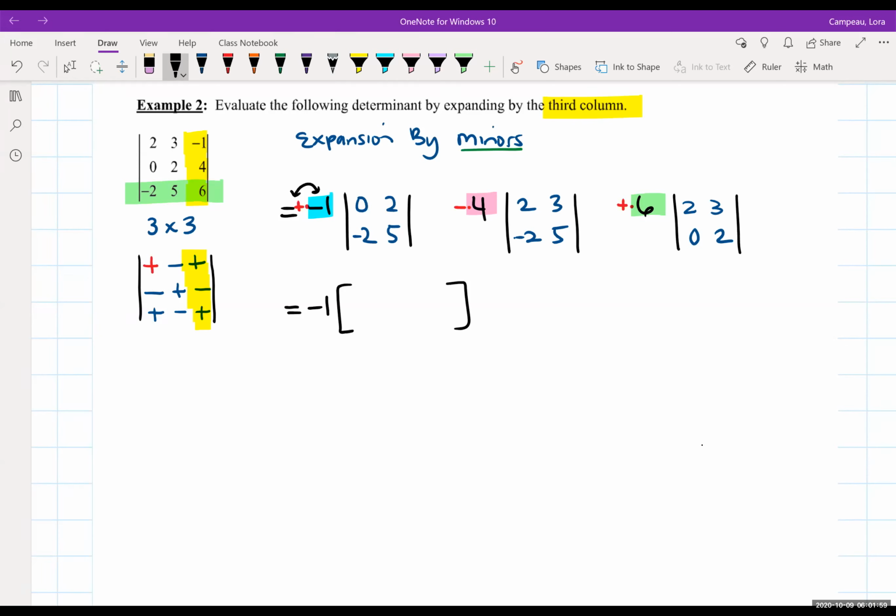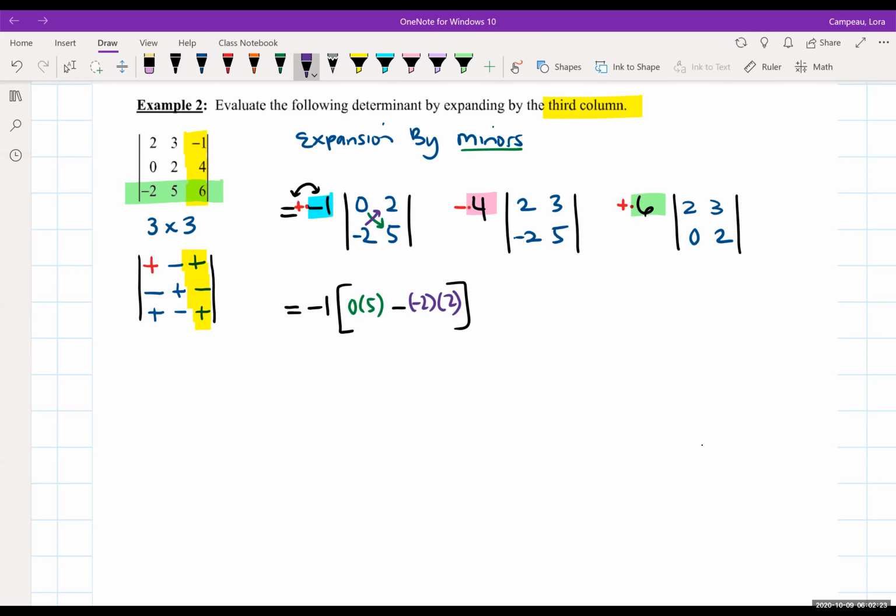So if I'm going to evaluate this 2 by 2 determinant, I keep in mind that it's a product of the diagonals. So I have 0 times 5. I'll subtract off -2 times +2.